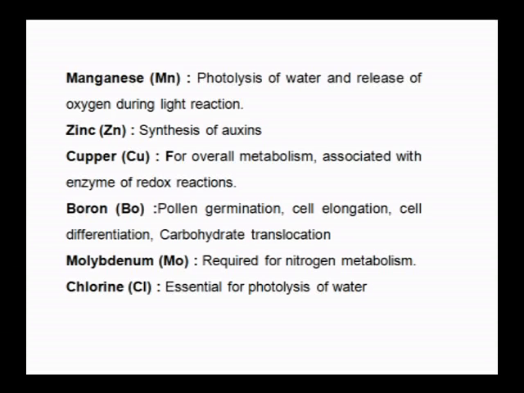Copper helps in overall metabolism associated with coenzymes, enzymes of redox reaction. Boron helps in pollen germination, cell elongation, cell differentiation and carbohydrate transportation. Molybdenum is required for nitrogen metabolism. Chlorine is essential for photolysis of water during non-cyclic phosphorylation.